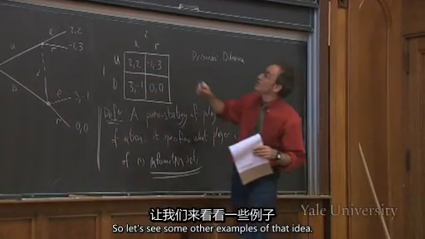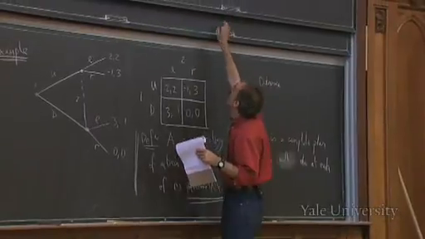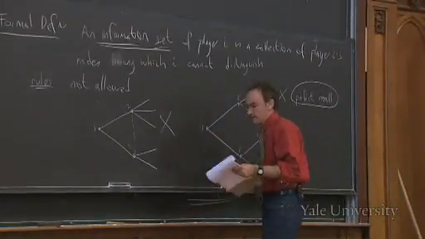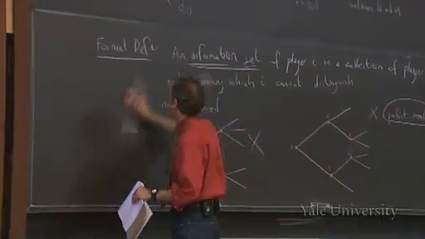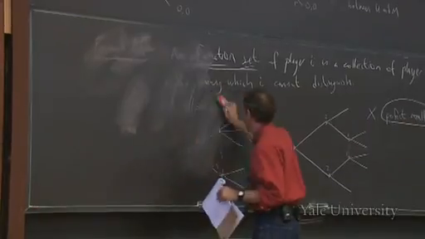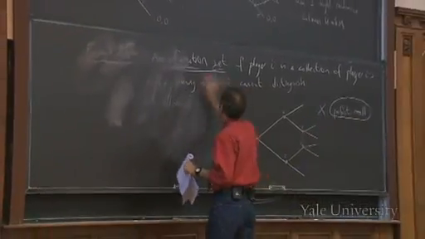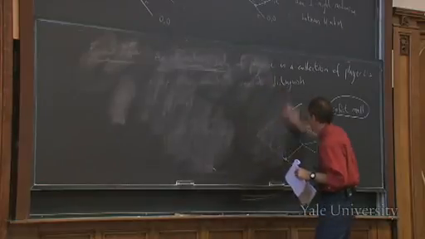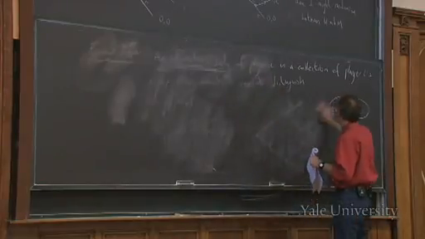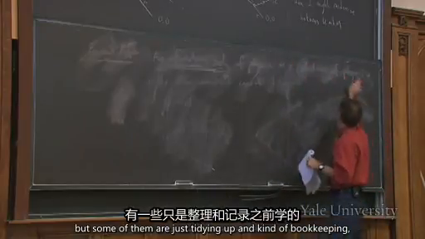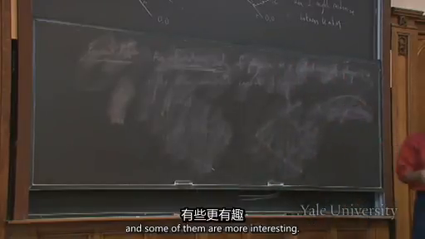All right, so let's see some other examples of that idea. A lot of new ideas today, but some of them are just tidying up and bookkeeping, and some of them are more interesting.